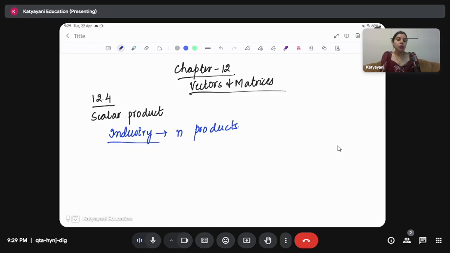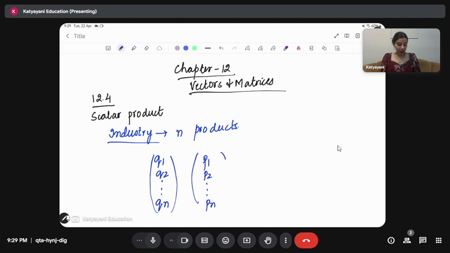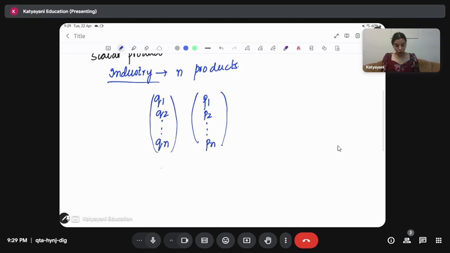The quantity of the first product is Q1, the quantity of the second product is Q2, and so on, and the quantity of the nth product is Qn, that is being produced. Then we can also have a price vector in which P1 is the price of the first good, P2 is the price of the second good, and so on, and Pn is the price of the nth good. So we have two vectors, Q and P.